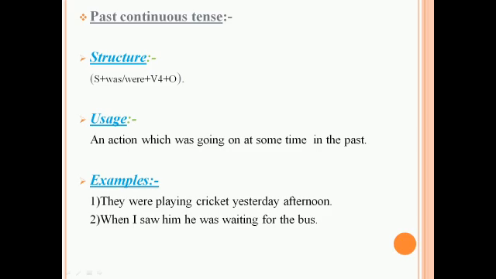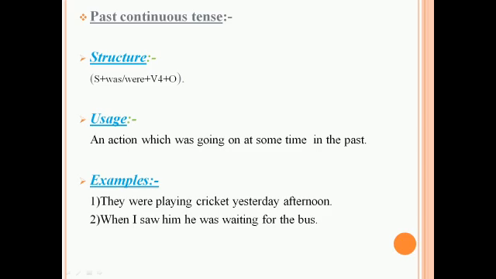Example, they were playing cricket yesterday afternoon. Here yesterday afternoon is a past time indicator. They is subject, were helping verb and playing, play V1 plus ing, playing cricket object. They were playing cricket yesterday afternoon.